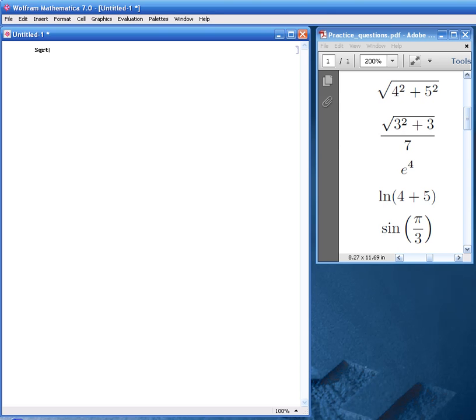So we want the square root of 4 squared plus 5 squared. Very often in mathematics, when you're writing mathematics by hand and you say square root of, you would often use parentheses to indicate the "of" part. In Mathematica, it only wants to use parentheses to indicate capturing a calculation, as a sub-calculation that is.